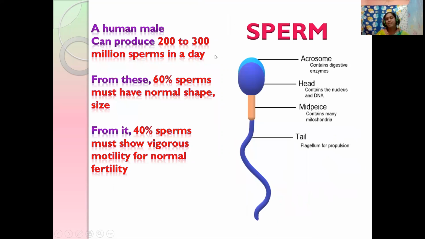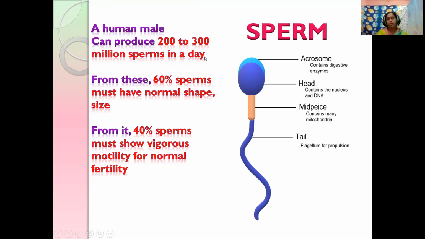Yes, the male reproductive system makes semen and releases semen. What is semen? Semen is a milky fluid, and the sperms are present in the semen. Then what is the structure of sperm and how many sperms are released? We shall be seeing. A human male produces 200 to 300 million sperms per day, or per millilitre of semen.